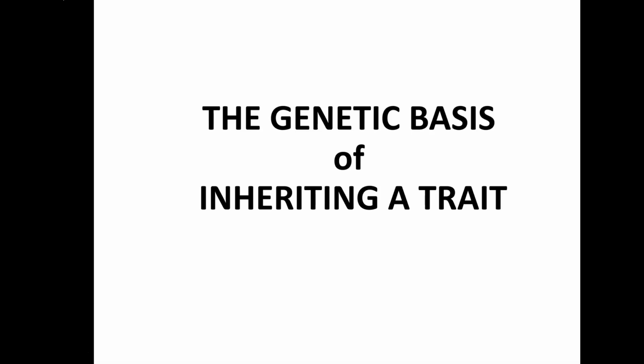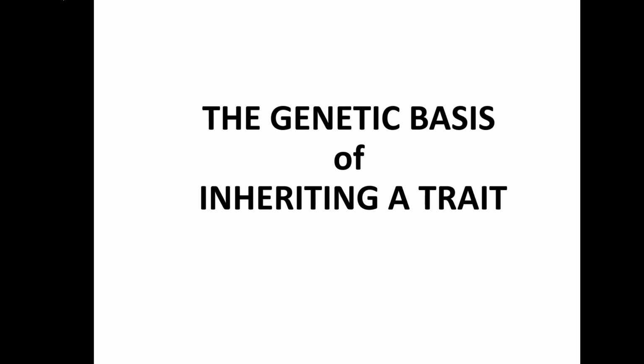Okay, and so we're going to be talking about that in this lesson. I'm also going to introduce to you the person who is considered the father of genetics, and his name is Gregor Mendel.